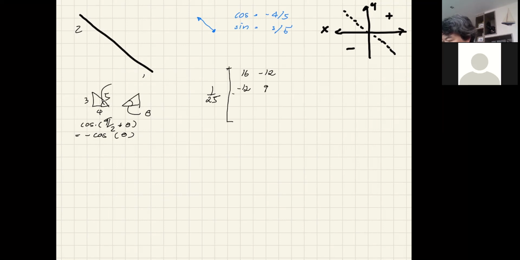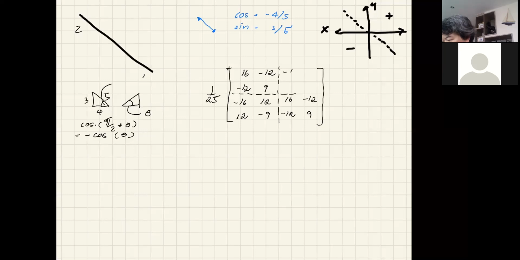A good habit, I'll do this: 16, minus 12, 9. The rest shall be opposite. So if this is 16, it's minus 16, minus 9, 12, and 12. Minus 16, 12, 12, and minus 9.